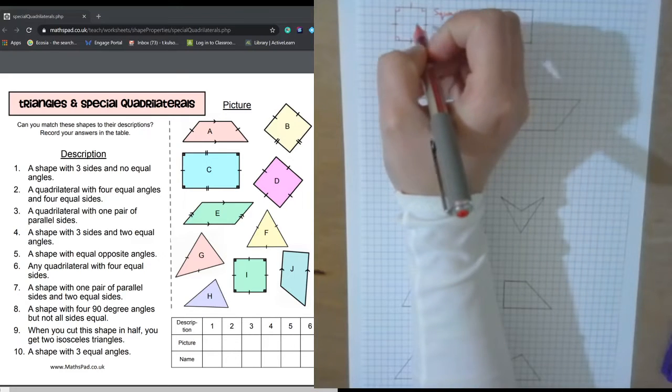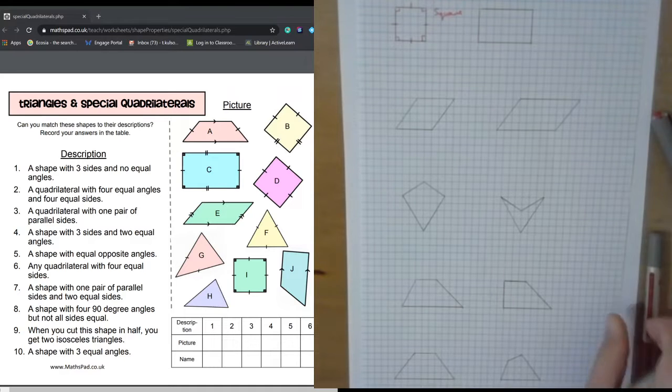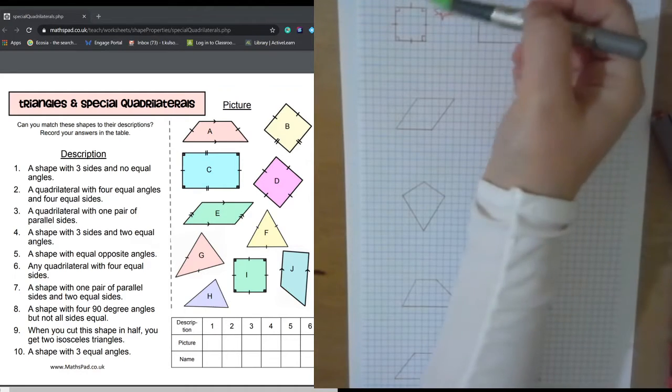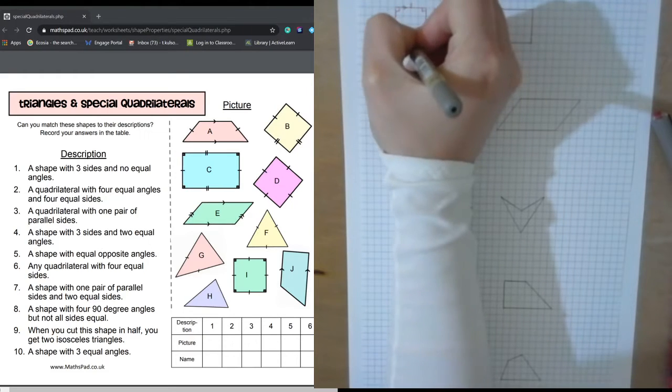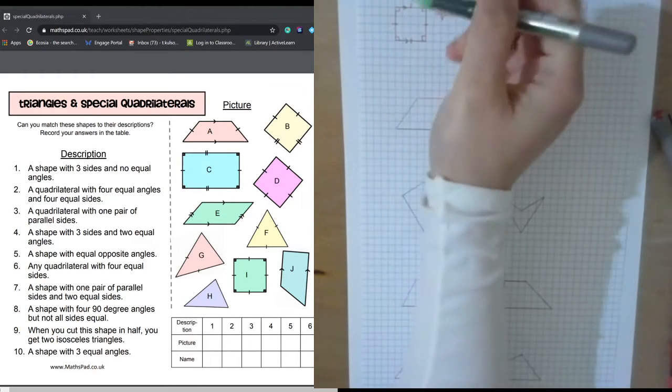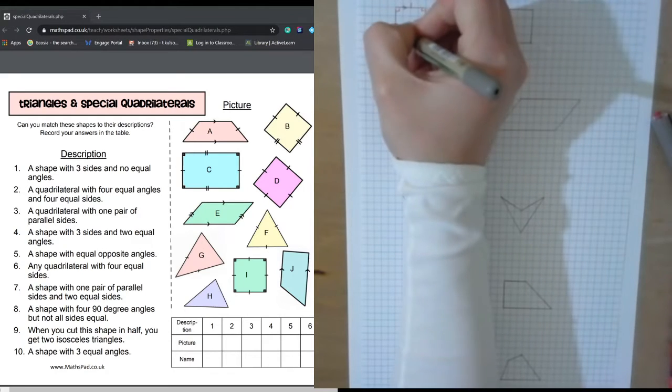Another thing I would know, I'm going to put this in a different pen colour. We also have parallel lines on a square. This one is parallel to this one. I'm going to have 1 arrow at the top and bottom to show that these 2 lines are parallel to each other.